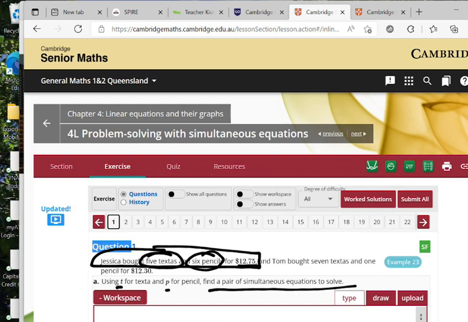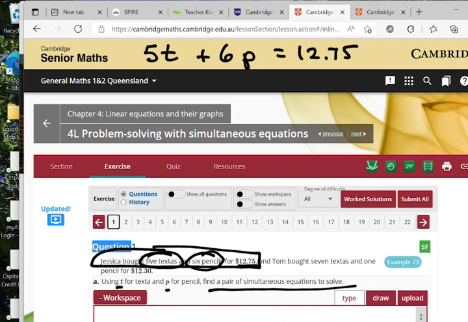So the price of one plus the price of the other should equal the total amount that she paid. Does that make sense? So let's put it together. She did 5 T's plus 6 P's, and it cost her $12.75. Fairly straightforward? You're going to find they are.